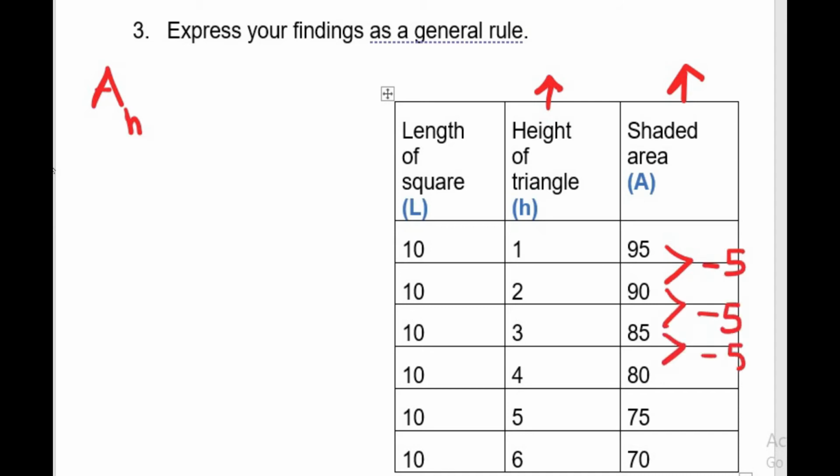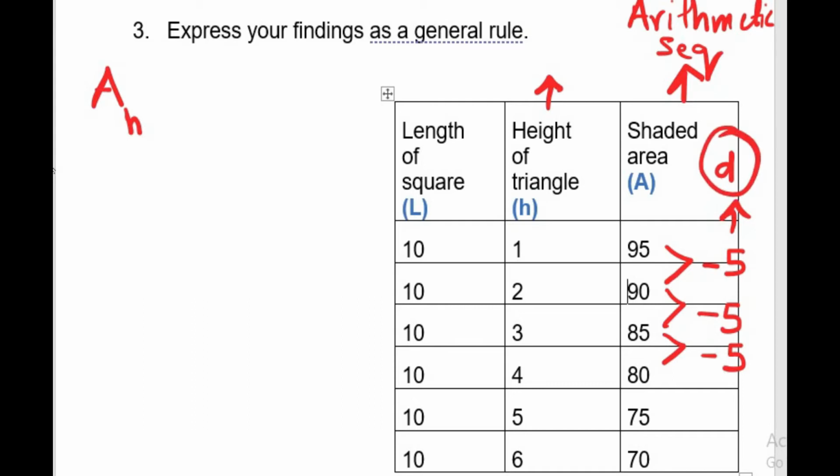Nevertheless, increase or decrease, it is being changed by a fixed value. In that case, this sequence of shaded areas is an arithmetic sequence. Remember, an arithmetic sequence is one obtained by adding or subtracting a fixed value. In this case, it's -5, and this -5 is also called the common difference.